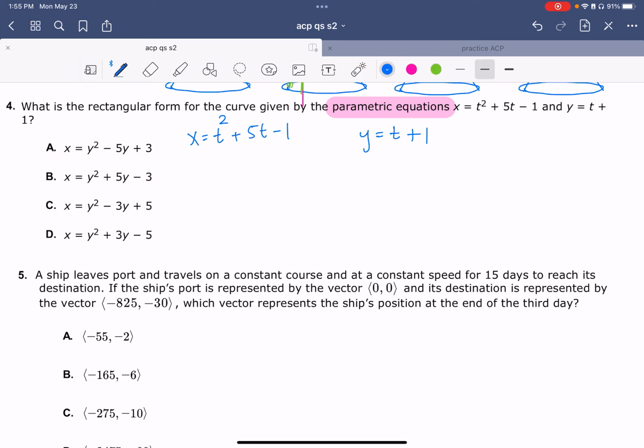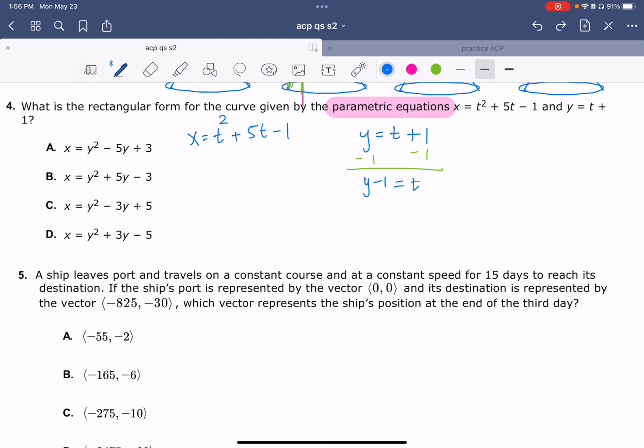In order to do that, we basically solve for t. You want t by itself, so then you can have it in terms of either x or y. Now the easiest equation to solve for t would be the y equation. So if you subtract 1 on both sides, then you get y minus 1 equals t.